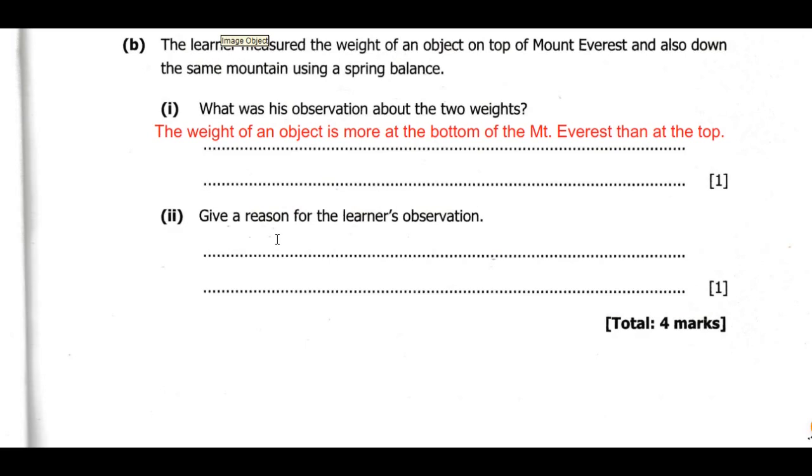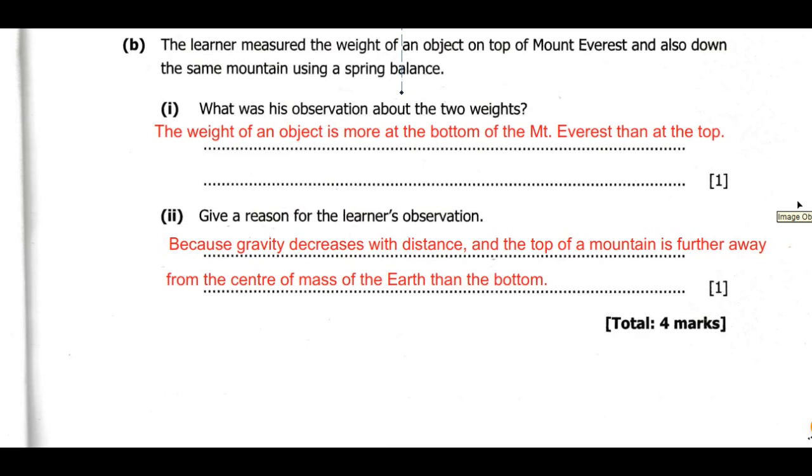The gravitational pull will be greater. So we can basically say gravity decreases with distance. The top of the mountain is further away from the center of mass of the earth than the bottom. So we expect the weight of an object to be more at the bottom of Everest than at the top.